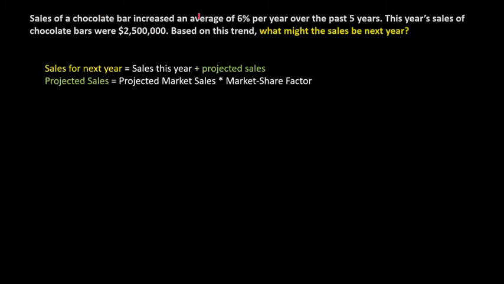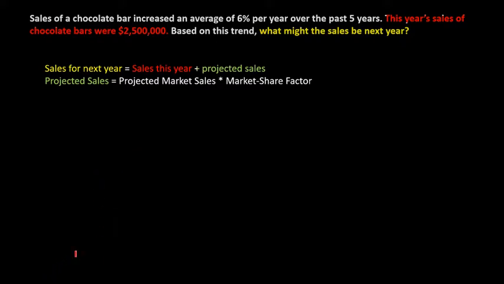Okay, so sales this year. Right away we see that sales this year were $2.5 million. So that's going to be what sales for this year is equal to. Again, projected sales we're not sure yet, so we'll have to wait and solve our projected sales equation before we can plug in and solve for sales next year.